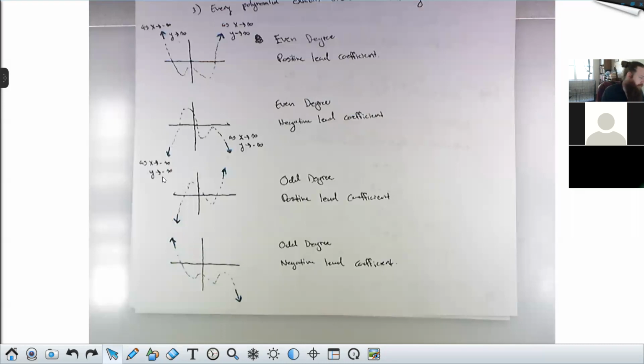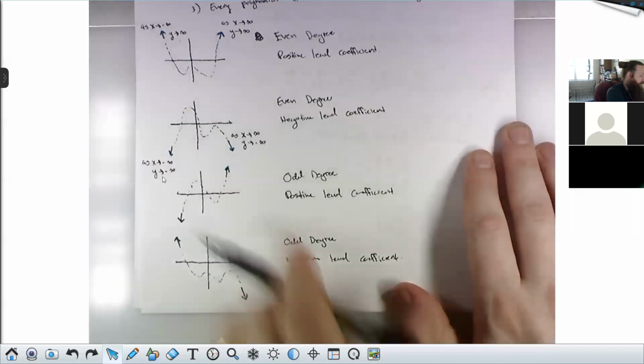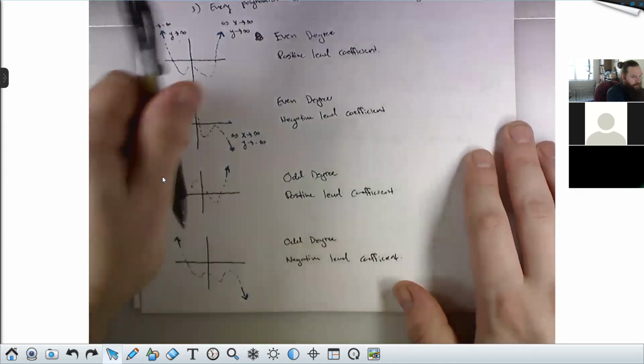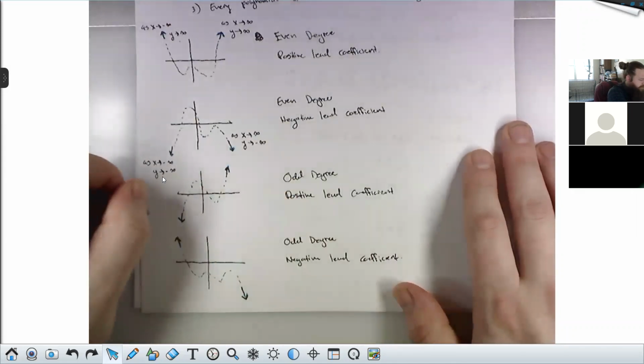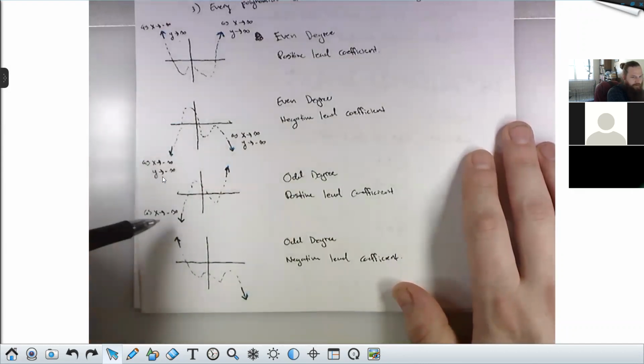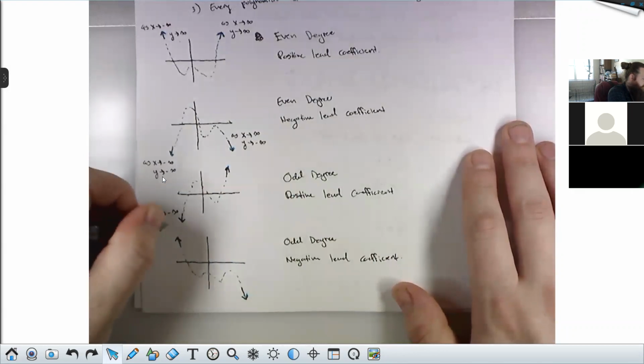Okay, we can do this one together. So here we're wandering out to the left, and as we go really far to the left, the arrow points down. So we'd say as x goes to negative infinity, right? This means we're going far off to the left. y goes to negative infinity. That means we're going down.